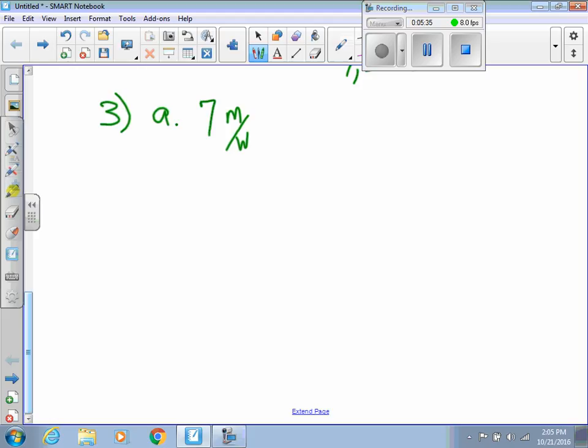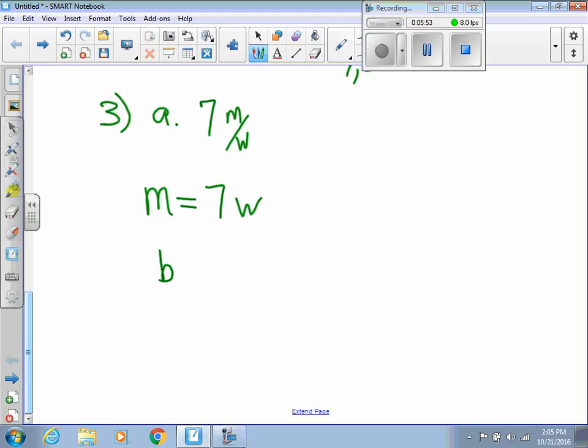So we can write an equation that the number of movies is equal to the rate of change, 7 movies per week, times the number of weeks. That's all they wanted for A.